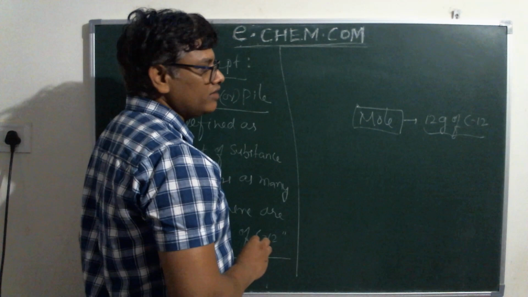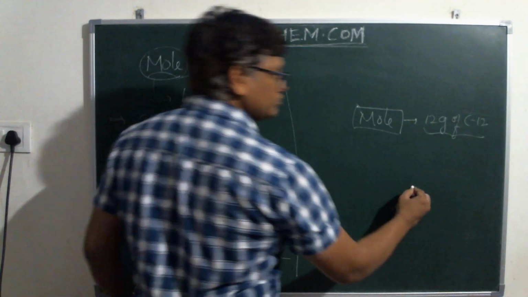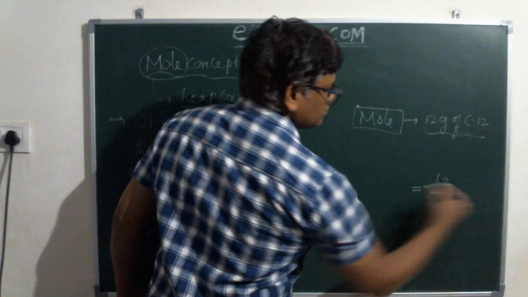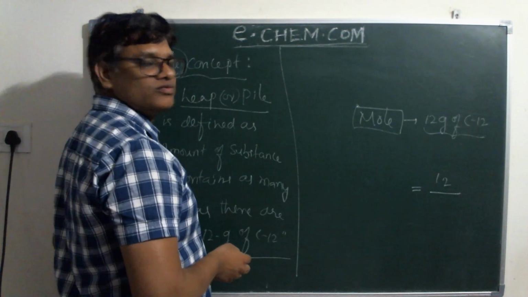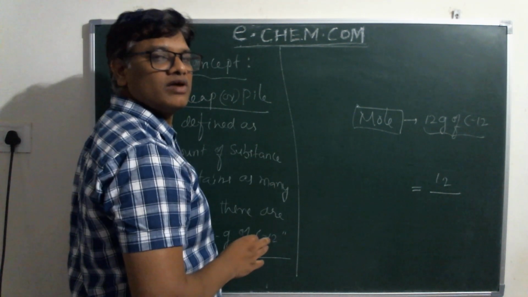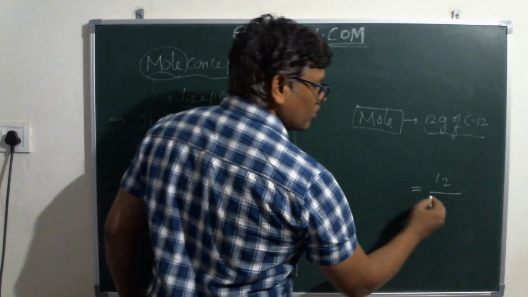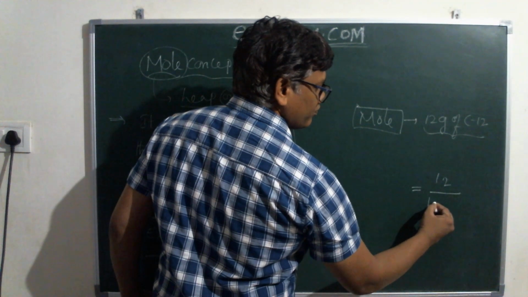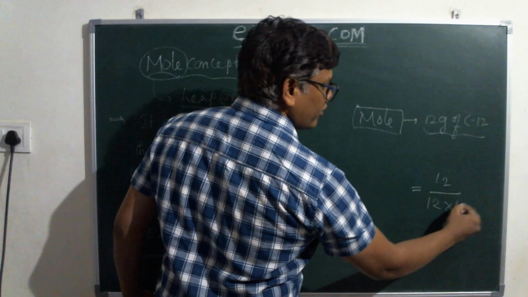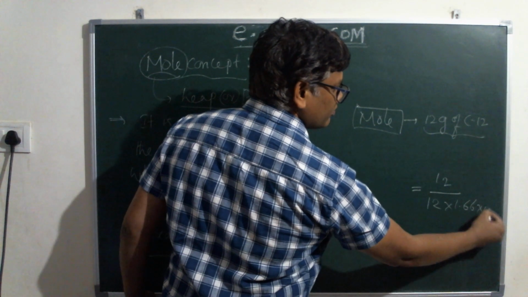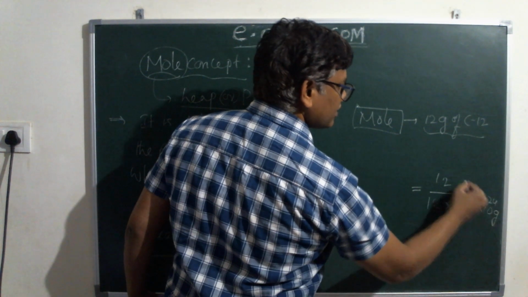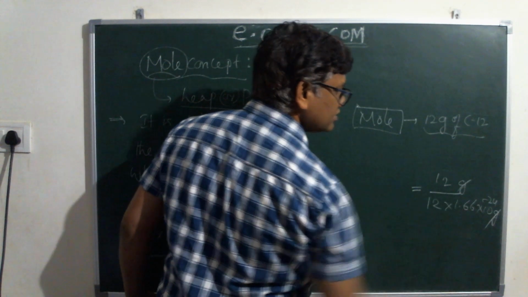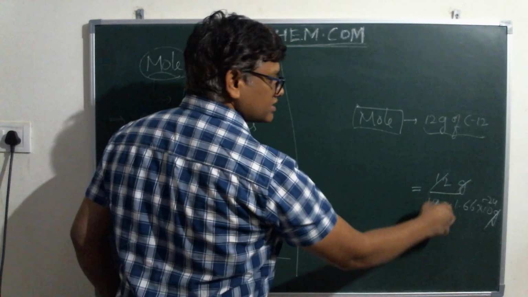Let's calculate that. Gram atomic mass of carbon divided by mass of one carbon atom, that is 12 into 1.66 into 10 power minus 24 grams. Gram will be cancelled. 12 gets cancelled.